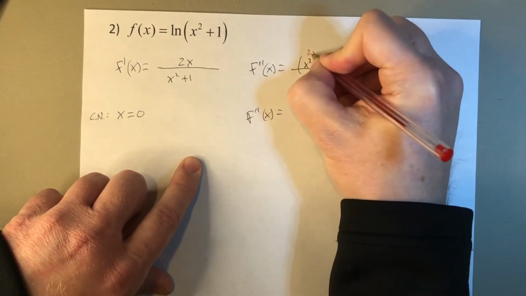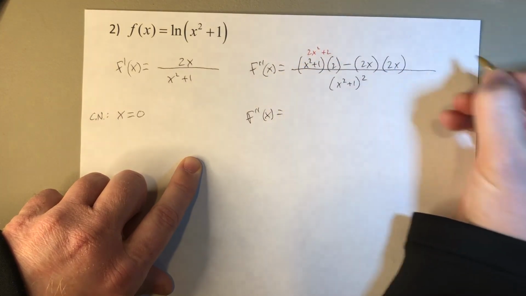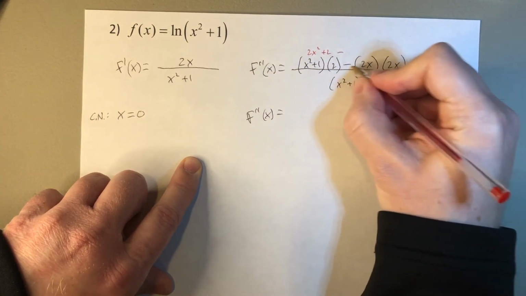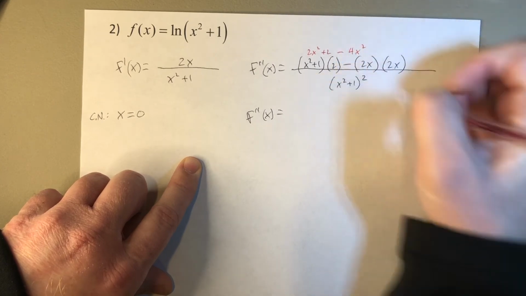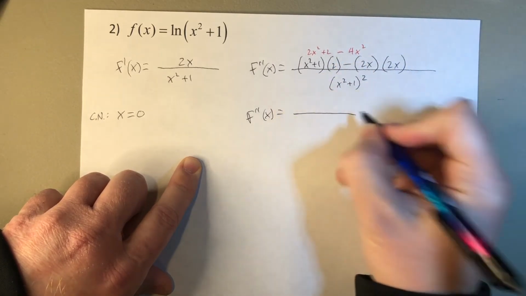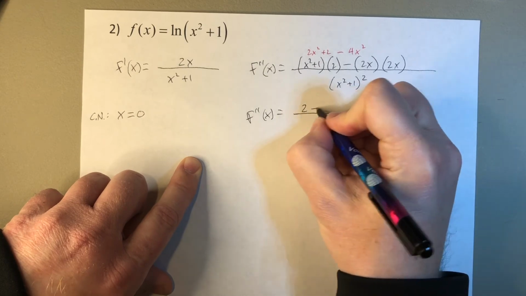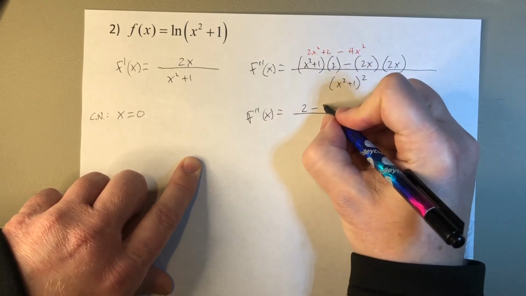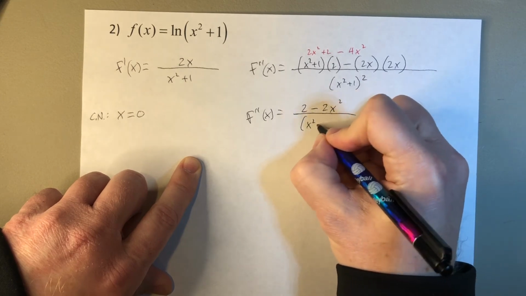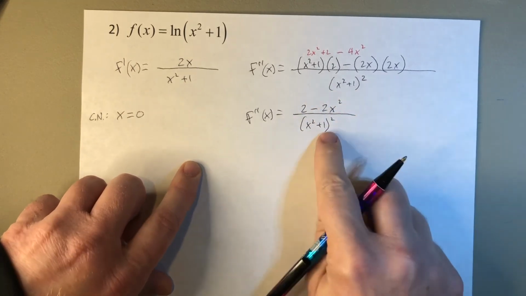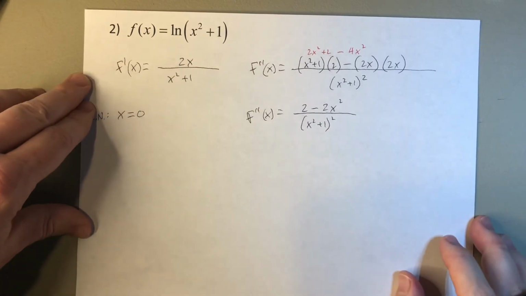I have 2x squared plus 2 minus what? 2x times 2x is 4x squared. Putting it all together would yield what? 2 minus 2x squared all over the quantity x squared plus 1 squared. There's my second derivative in a more simplified form.